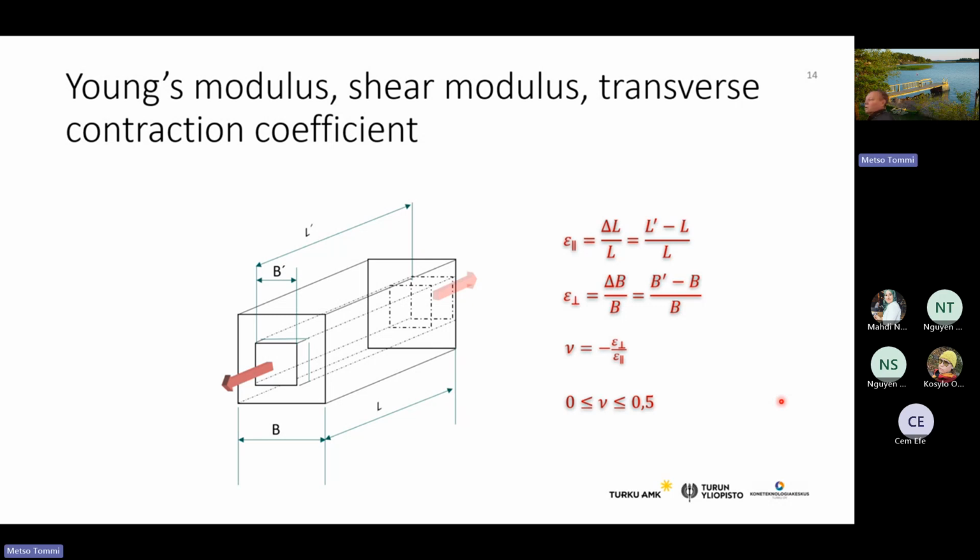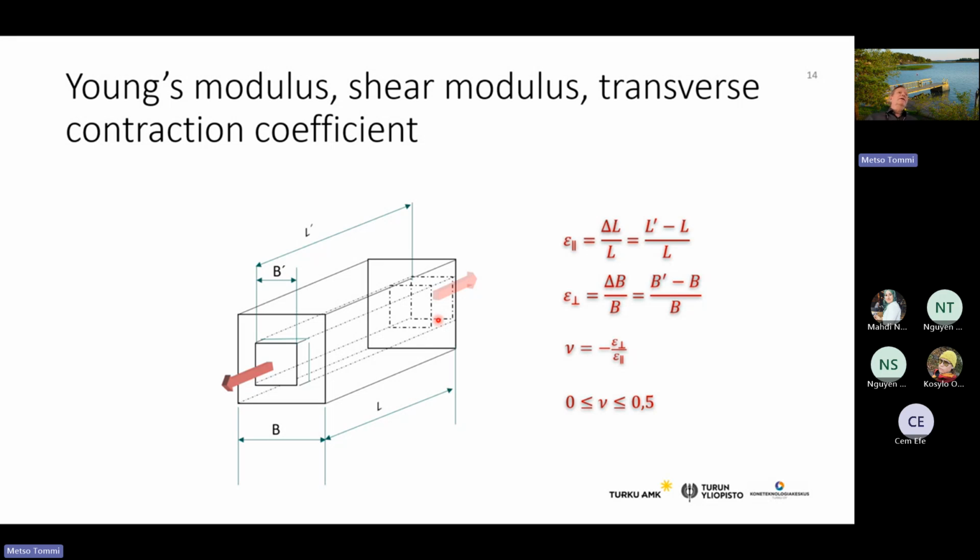It is possible that the distance between atoms gets greater, or it is possible that the measurements in other dimensions get shorter.